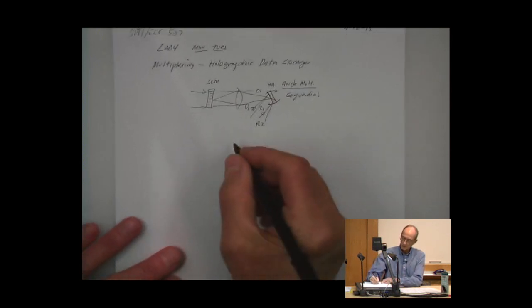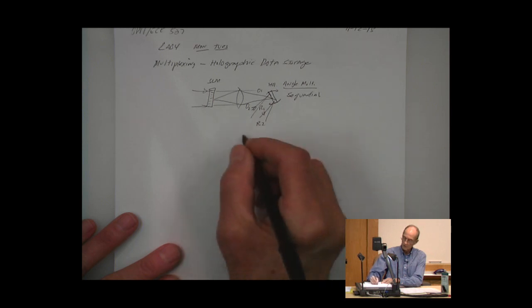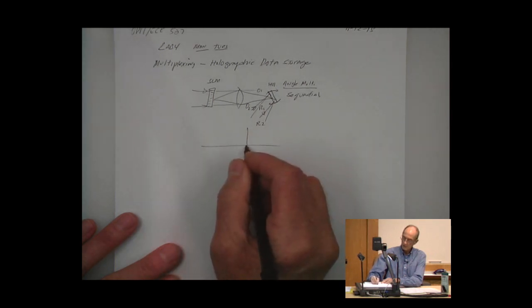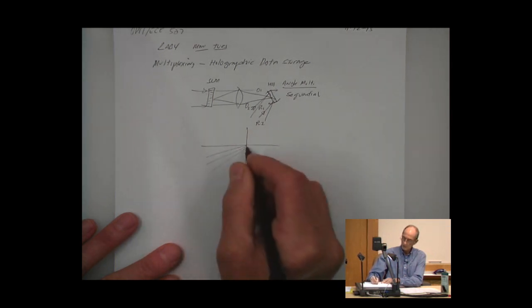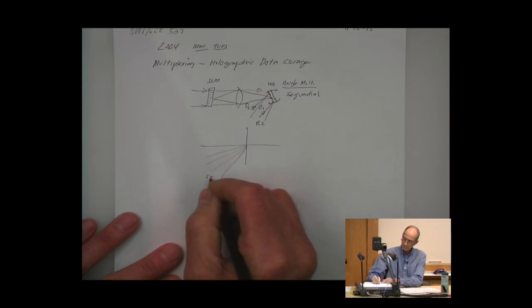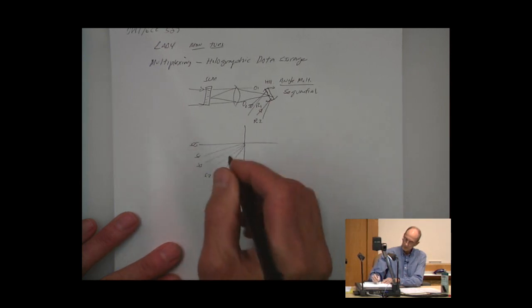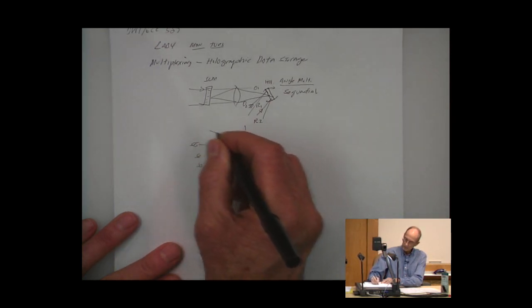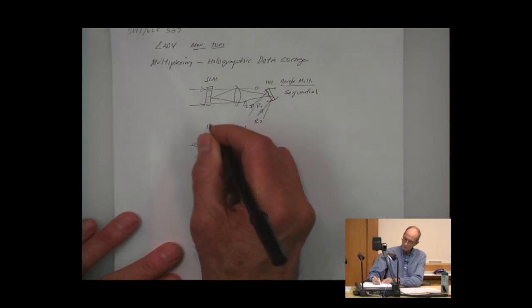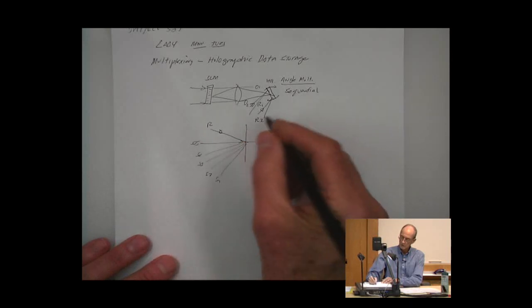It's also possible to do a simultaneous recording. So here, for instance, we may have several different signal beams or object beams coming in, and then we have a single reference beam, and we do the exposure all at once.